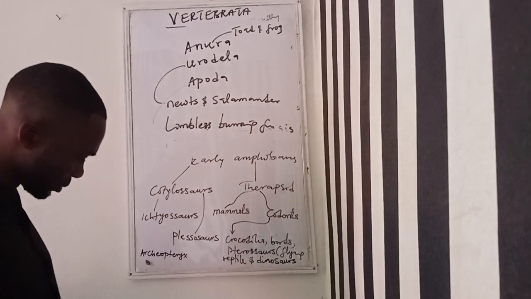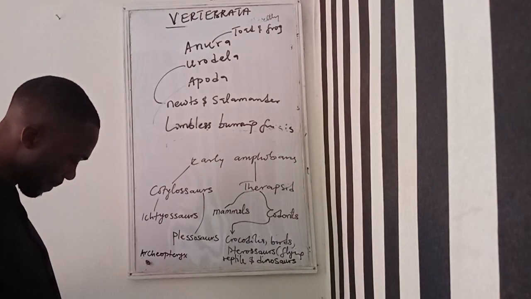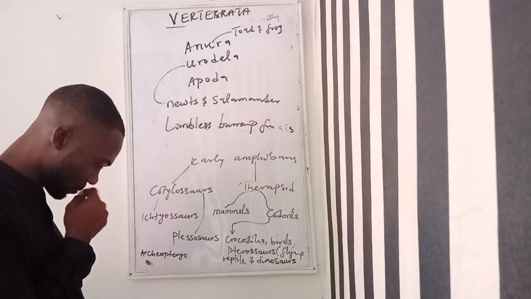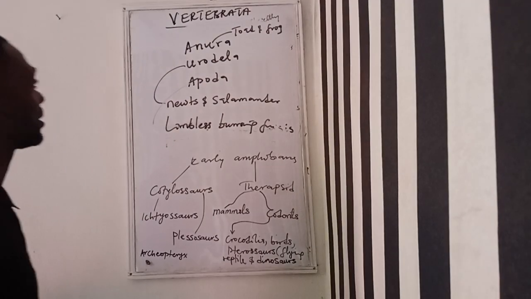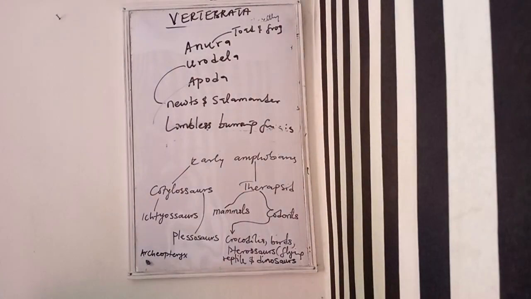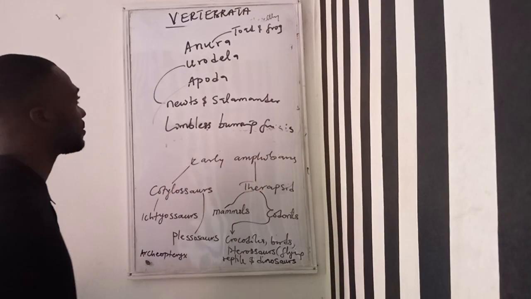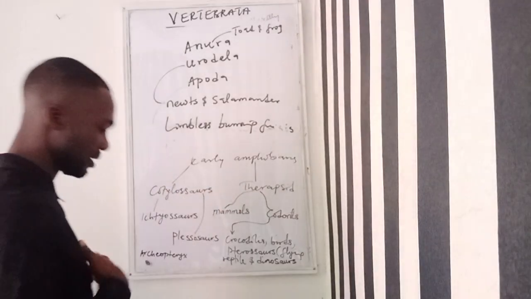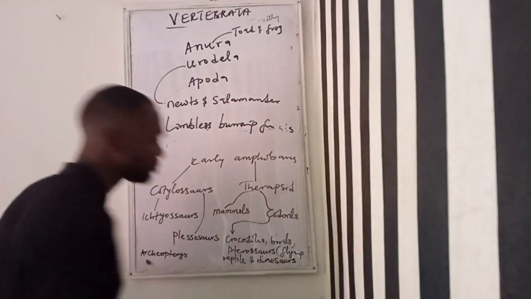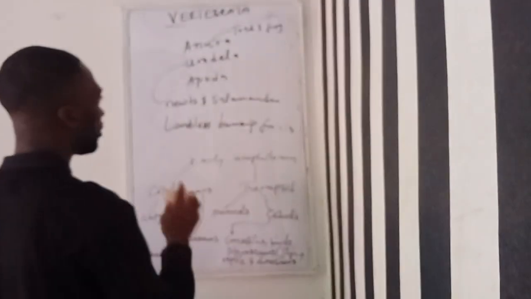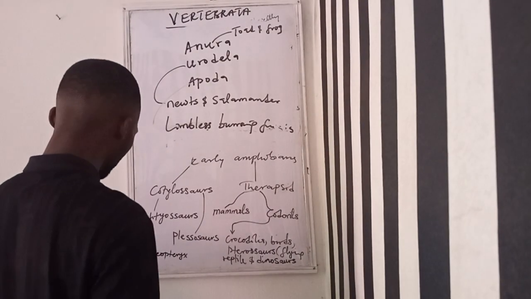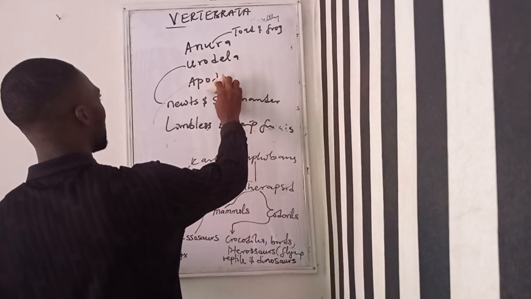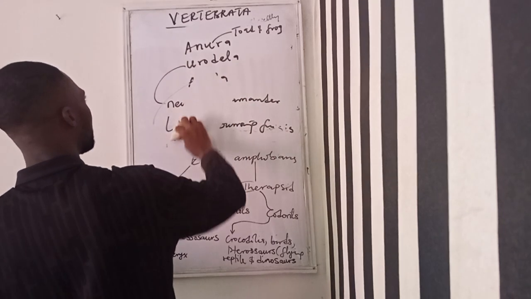Alright, so another thing you have to understand now, or want to look at, is how the reptiles evolved. We have talked about the evolution of amphibians, and we found that the reptiles evolved from amphibians.